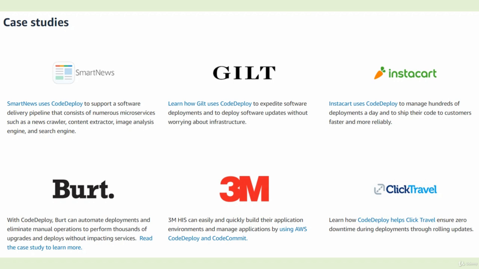Click Travel ensures zero downtime during deployment through rolling updates. Instacart uses it to manage hundreds of deployments a day to ship their code to customers faster and more reliably, and different things. There could be more corporations or individuals out there benefiting from the service.